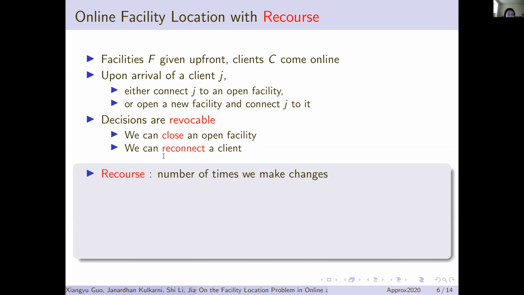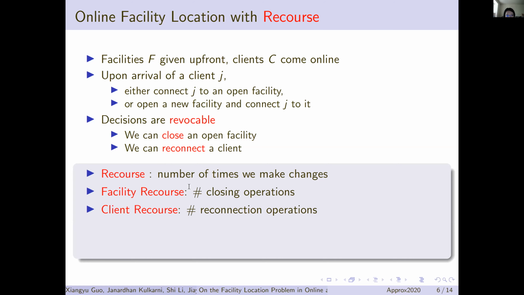Since we introduced recourse, we need to define it. The recourse is defined to be the number of times we make a change. This includes the facility recourse and the client recourse. In most cases, actually always, the facility recourse is less than the client recourse.